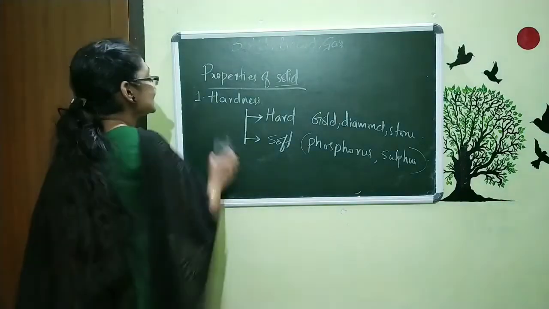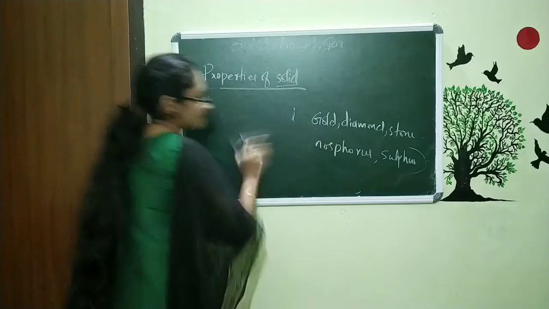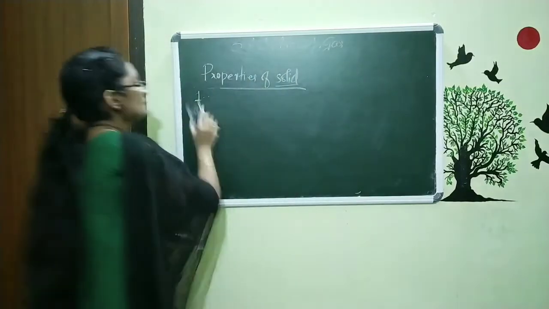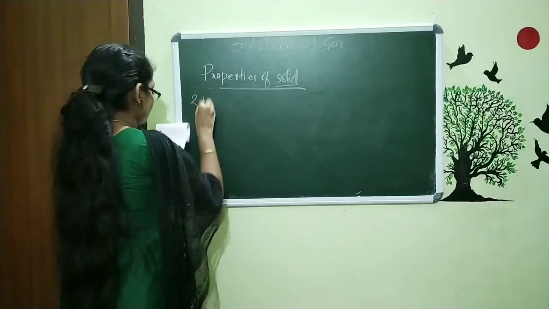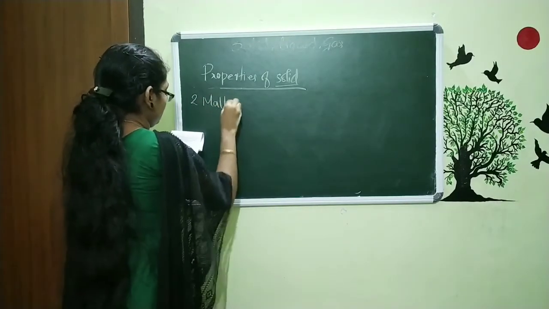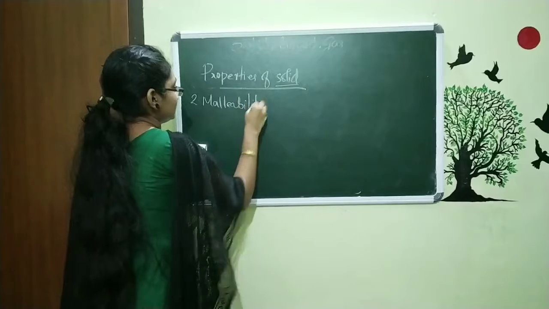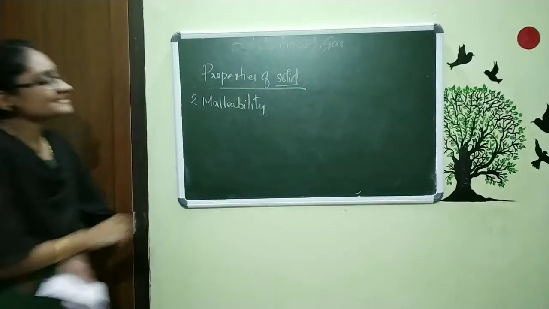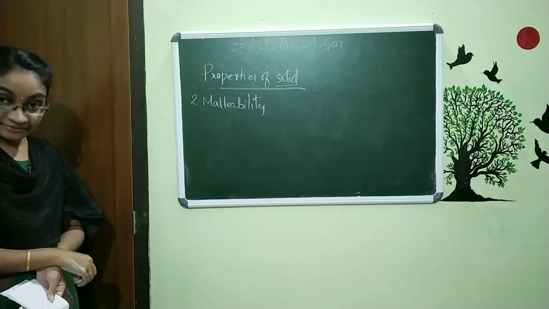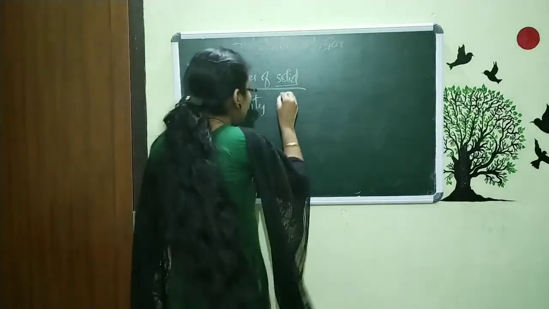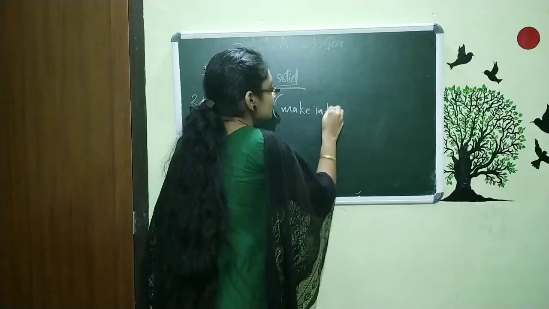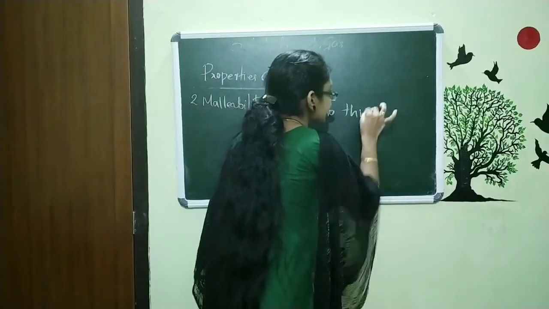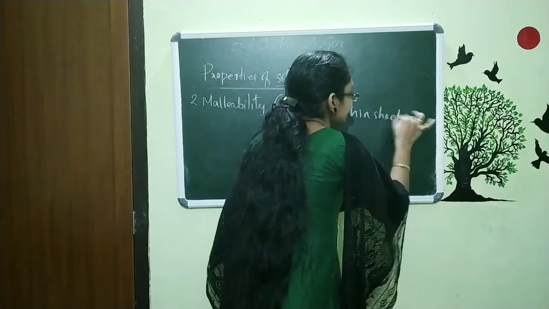The next is malleability. The second property is malleability. What is this malleability? Malleability means we can make it into thin sheets.